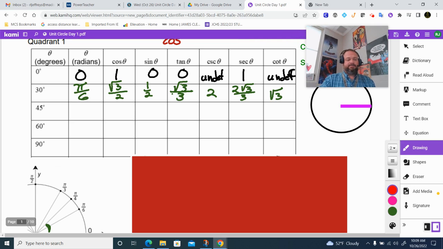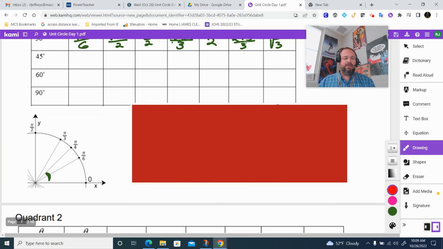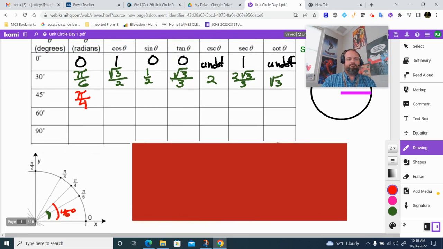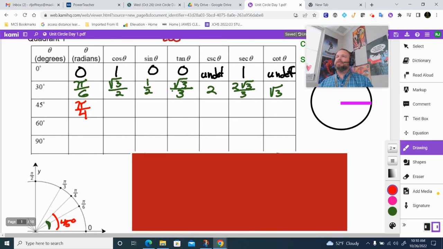45 degrees. That means from here to here, we have 45 degrees. So this is pi over 4. Now, this one is kind of interesting. Both your cosine and your sine are the same thing. It's root 2 over 2 and root 2 over 2.